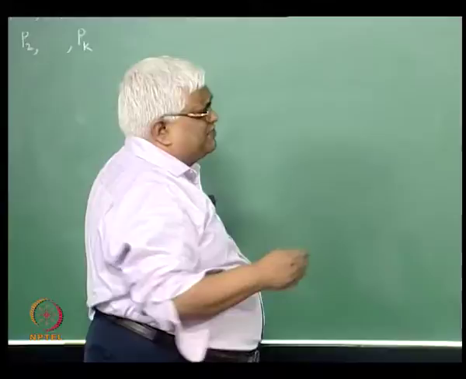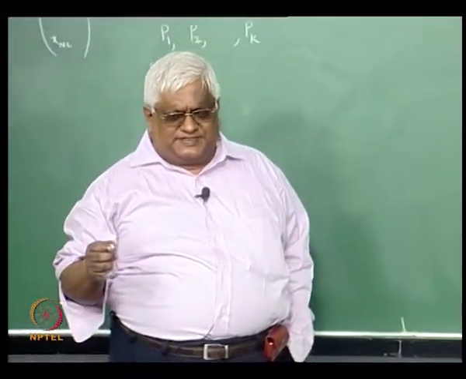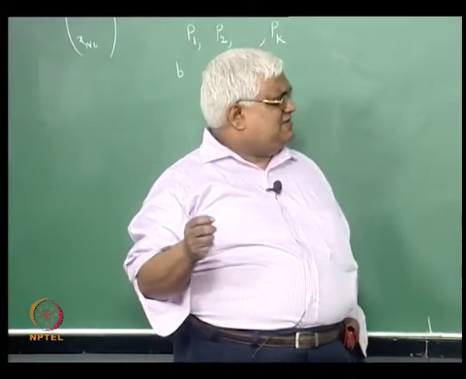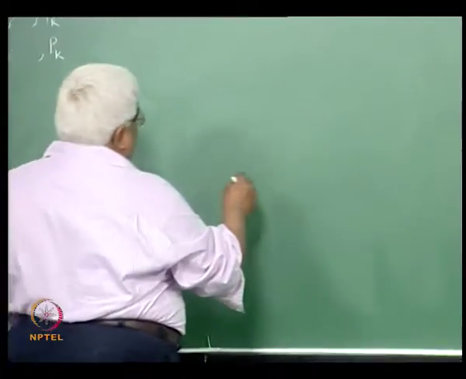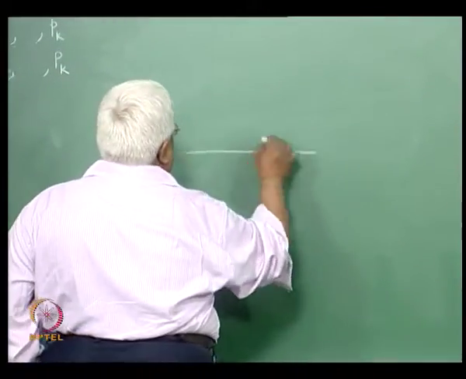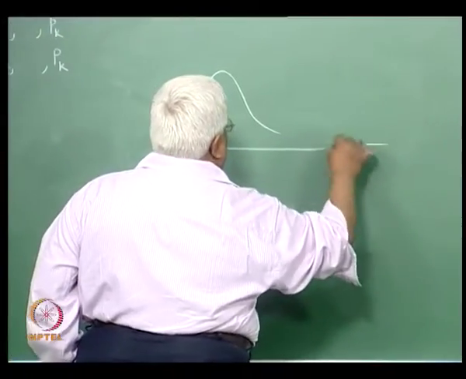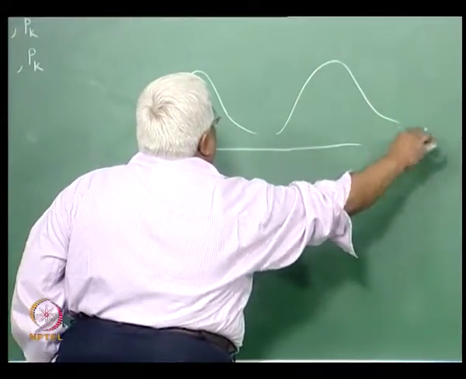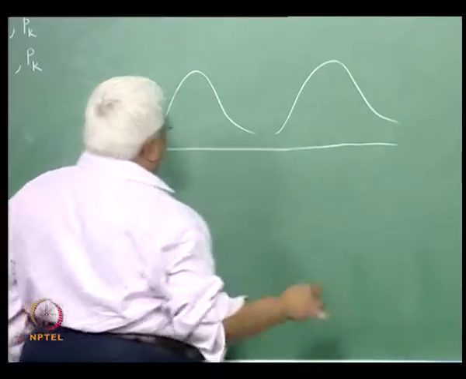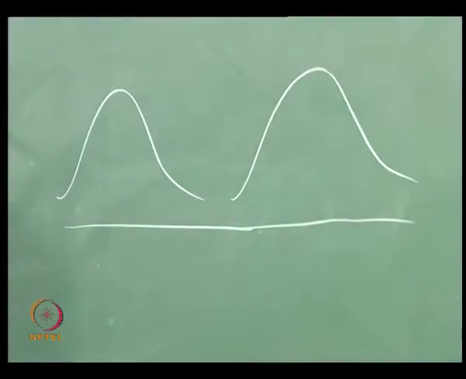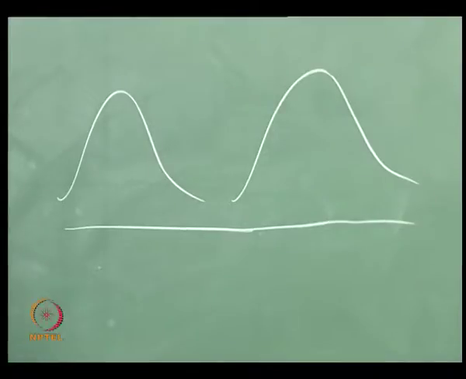In order to explain probabilistic separability based criterion functions, I will explain the things in the following way. Say these are two density functions for the classes.